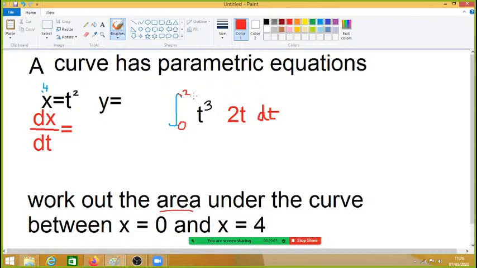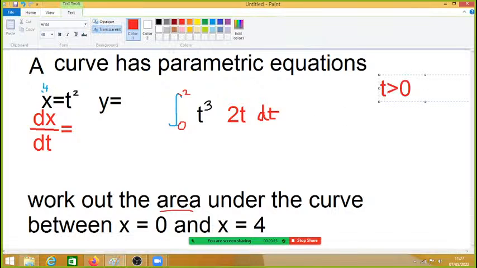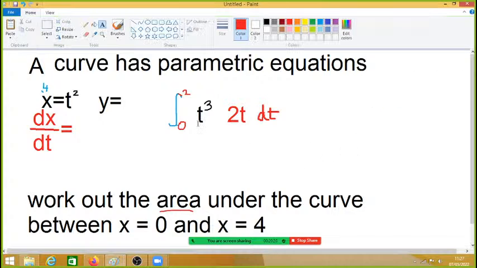Whether you choose 2 or minus 2, they'll normally give you a clue in the question and they'll give you a limit on t. So when they write the equations, they'll normally have something like t has to be bigger than 0 next to it. So that means you can ignore any negatives. So that's the numbers changed.